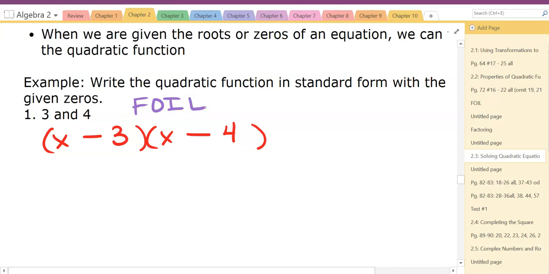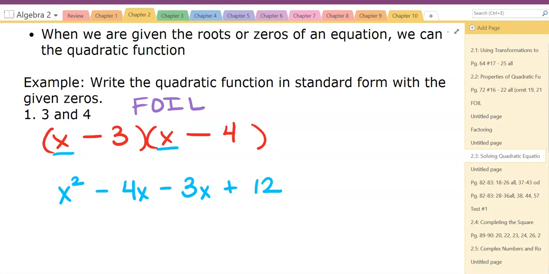First, outside, inside, last, which we talked about earlier this chapter. So we're going to start by doing x times x, which would be x squared. The outside terms would be x and the minus 4, so that would be minus 4x. Inside terms would be negative 3 and x, so minus 3x. And last would be negative 3 and negative 4, which is positive 12.